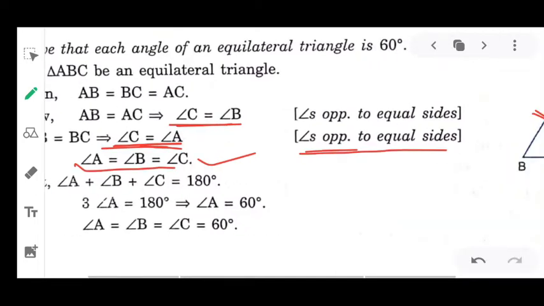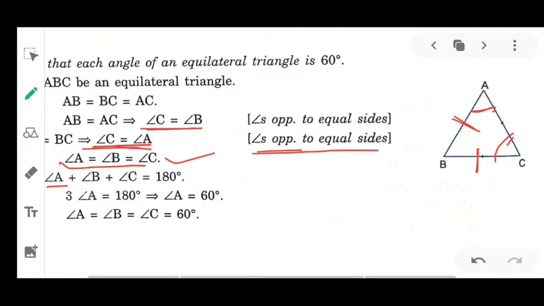Now we all know that the sum of the angles of a triangle is 180 degrees. So angle A plus angle B plus angle C will be 180 degrees. This is a property of a triangle.